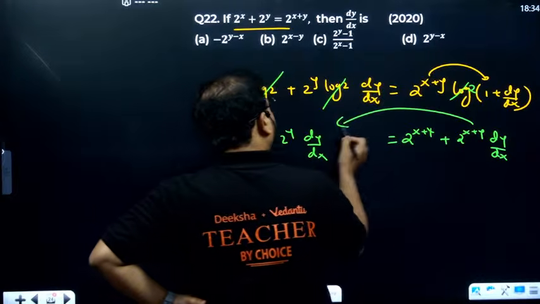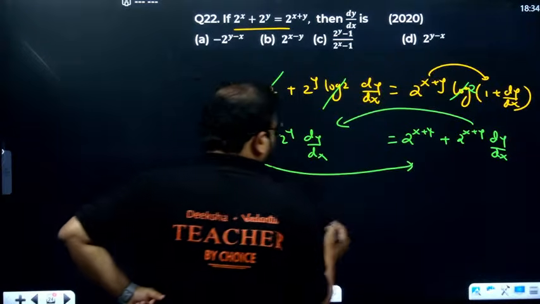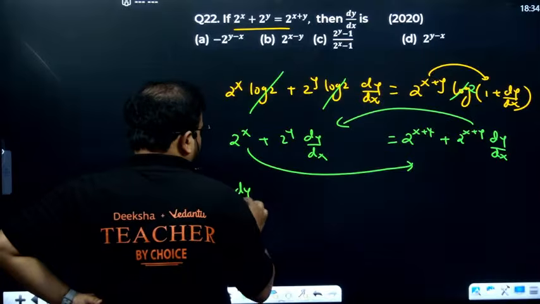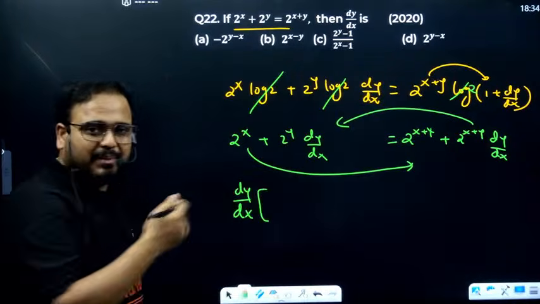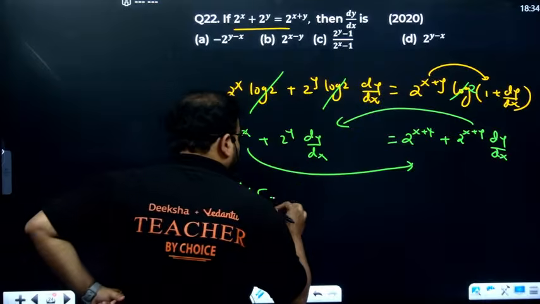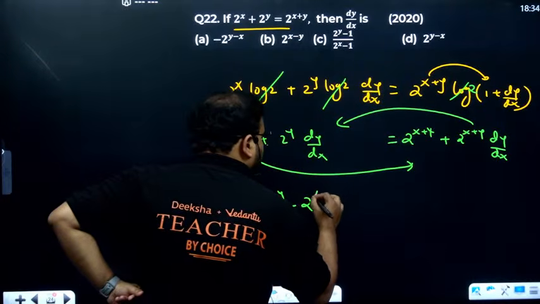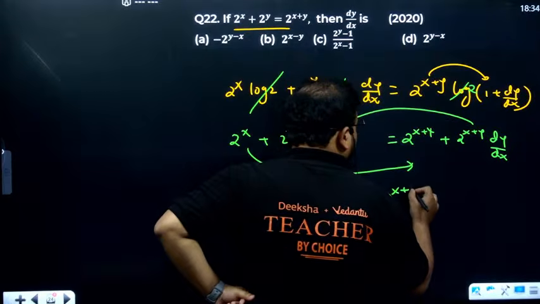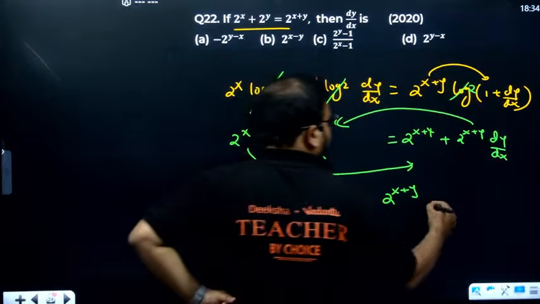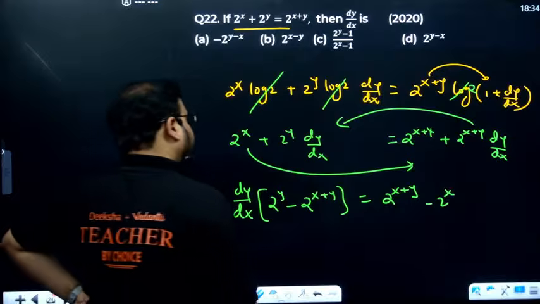Let's move this term over here and this term on this side. You can see dy by dx is common, guys. Both terms as dy by dx, so take that part common. Over here we have 2 power y minus 2 power x plus y, and this side 2 power x plus y. This goes over here, minus 2 power x.